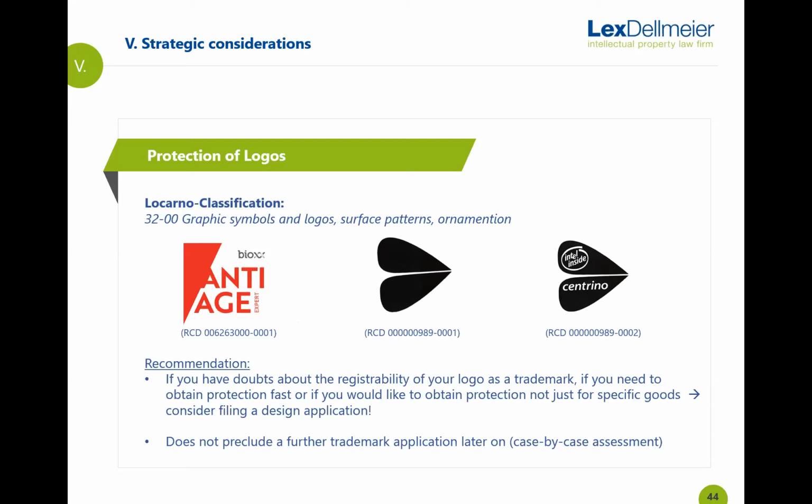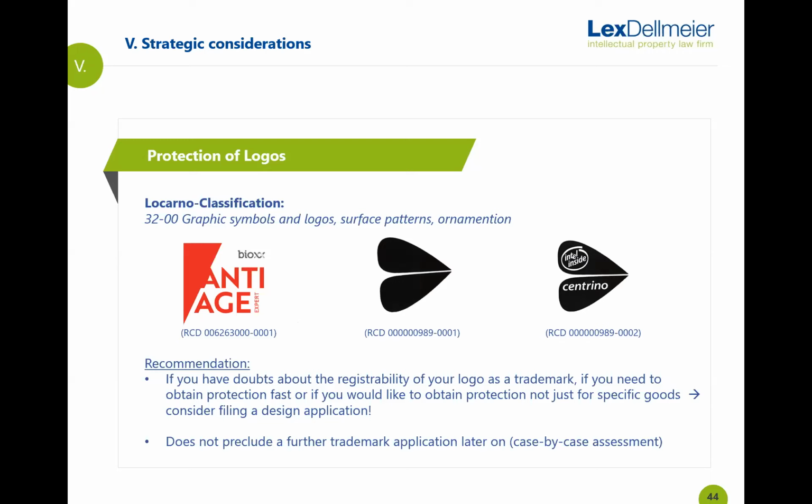Okay, all right, we have 3 here, and this is something very unique, and this makes the overlap between trademark law and design law a bit more clear, hopefully.